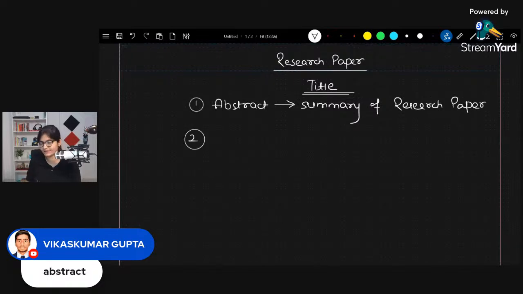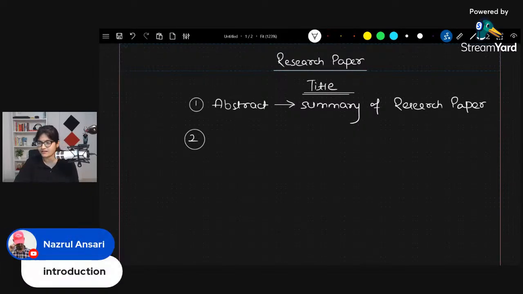The second important section, after abstract, is something called, as Ansari said, introduction, right? Okay, let's move ahead. What is the next section? Anyone who can let me know? After introduction, what is the next section that you have seen?